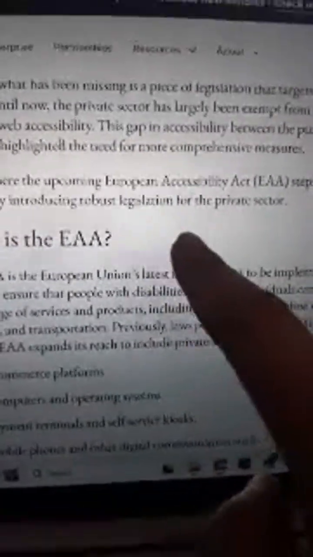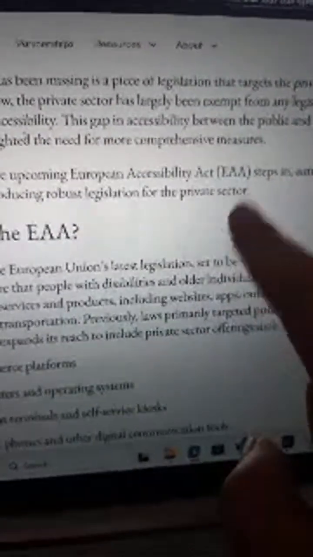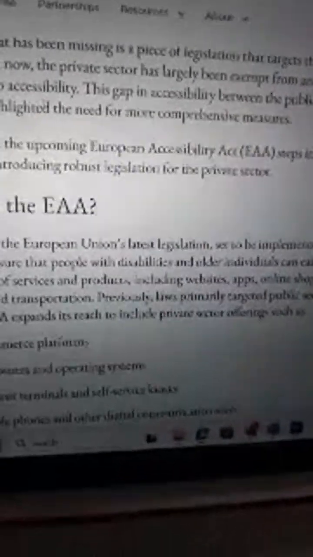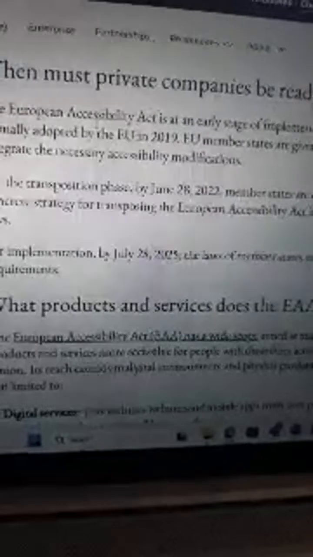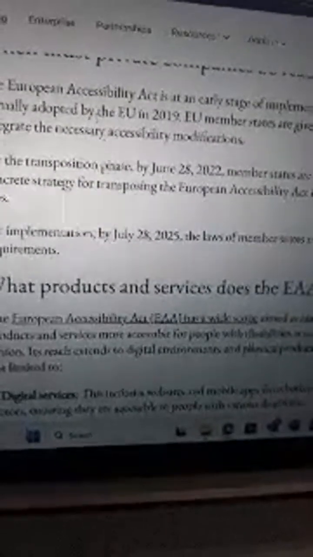So we're up to 2.1 now, and it's a robust legislation for the private sector. Yeah, but I think the public sector as well have it in each of their governments, the WCAG standards. So, right, implementation by July the 28th, 2025.